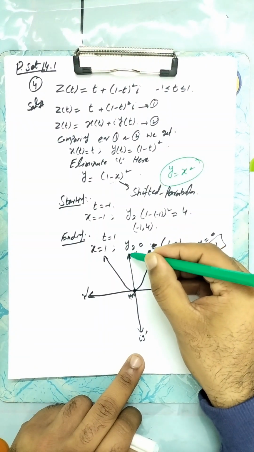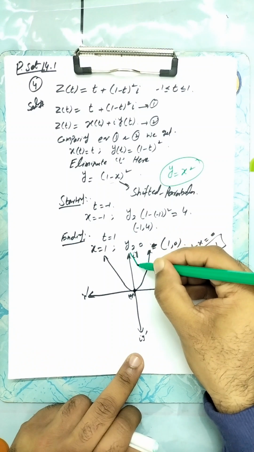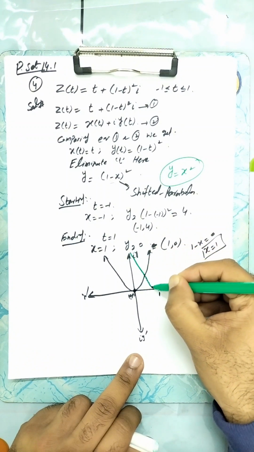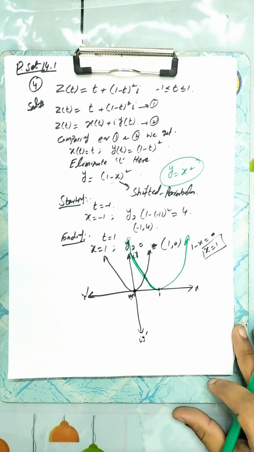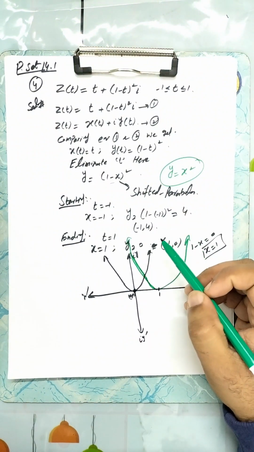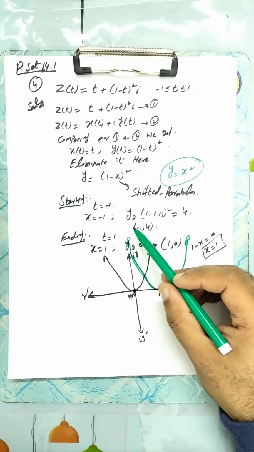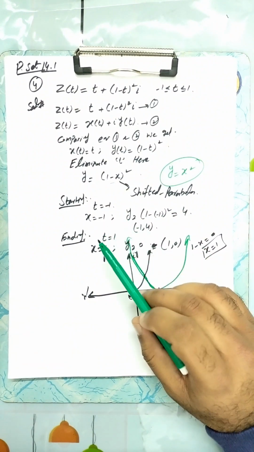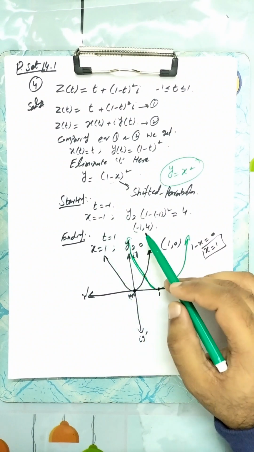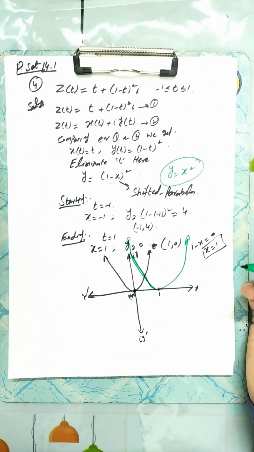So this is our parabola, and this is just a sketch. We also check the starting and ending points. The starting point is (-1, 4), where x is -1 and y is 4.